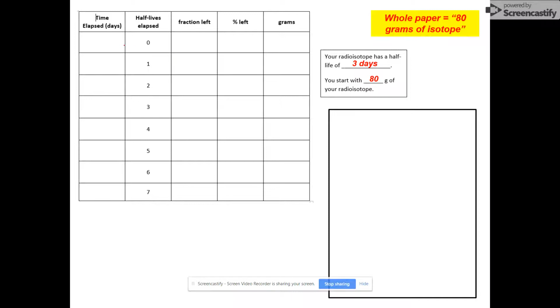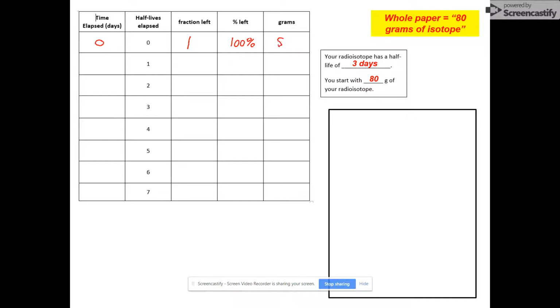That is what we are starting with. Okay, and so since our half-life is 3 days, when 0 half-lives have elapsed, well, that's when we're at time 0. Okay, so when we're at time 0, we have all of our radioisotope left. So the fraction that's left of our radioisotope is 1 whole. Okay, that means we've got 100% of our radioisotope still unchanged.